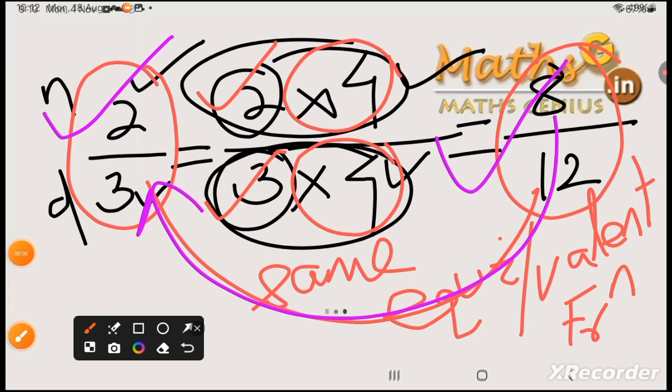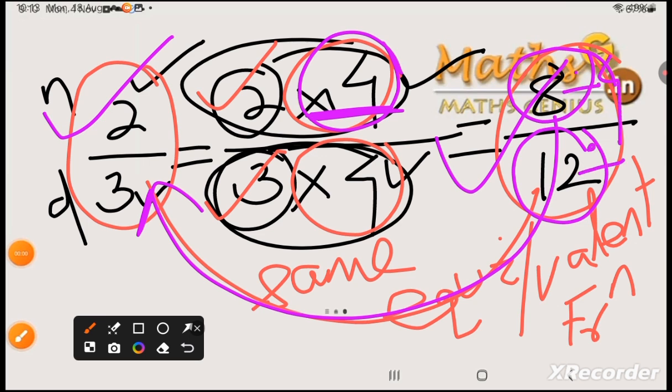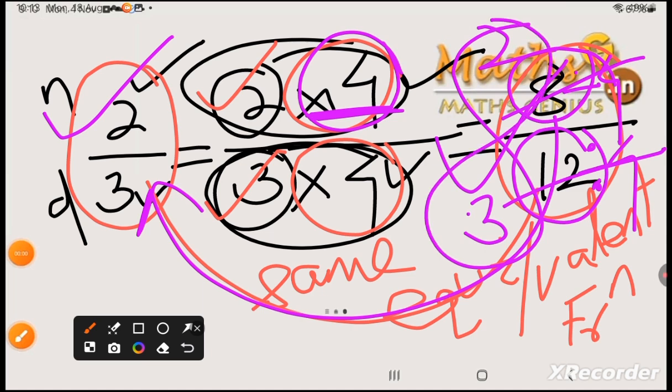Yes. I will have to divide the numerator and the denominator by the same number with which I multiplied. So 8 divided by 4 is 2, and 12 divided by 4 is 3. So again I got the original fraction 2 by 3.